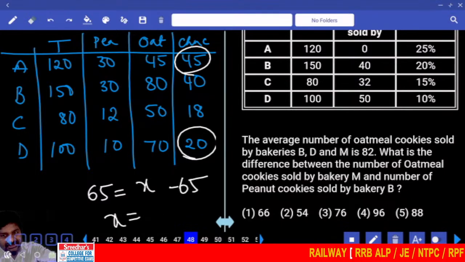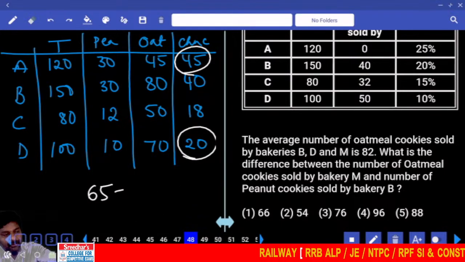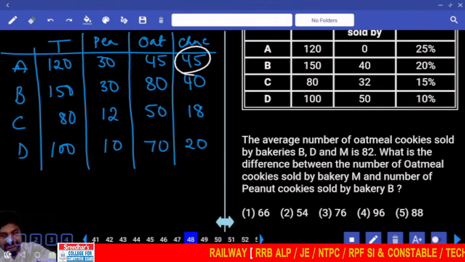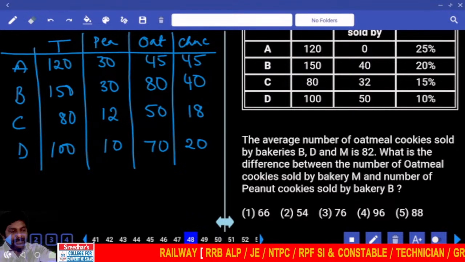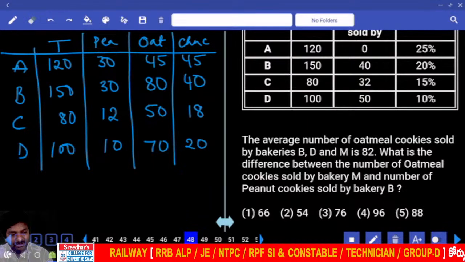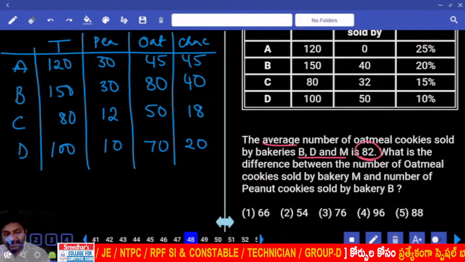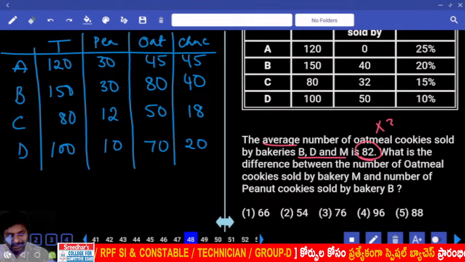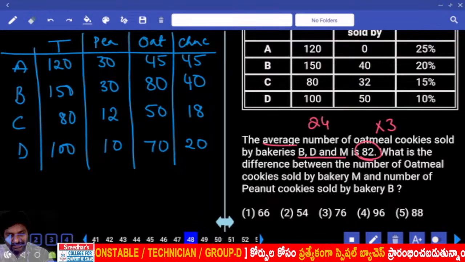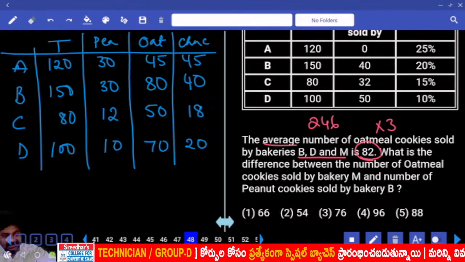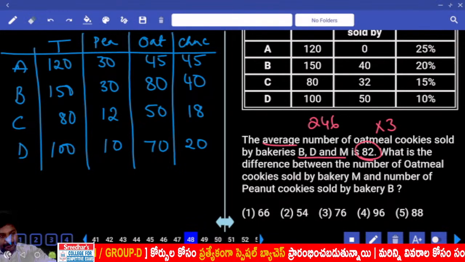Next, the average number of oatmeal cookies sold by bakeries B, D, M is 82. 3 bakeries, average is 82. Then the sum will be into 3, that is 246. This is for oatmeal, correct?